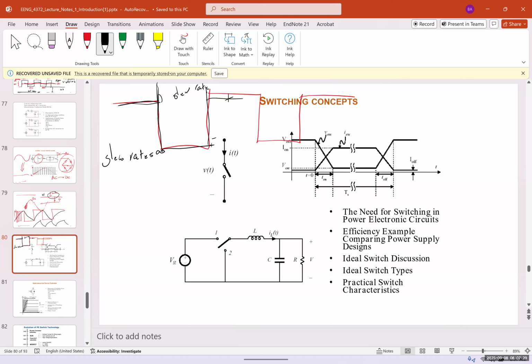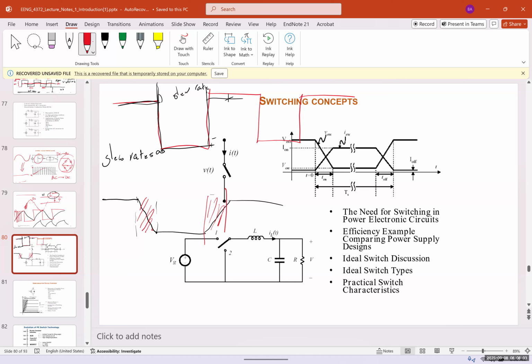But in reality, when we switch from positive to negative, or on to off, it usually takes some time. And this is our slew rate, okay? This is not an ideal switch. We have a slew rate, and the lower the slew rate is going to be, we're going to have a decrease in power efficiency.